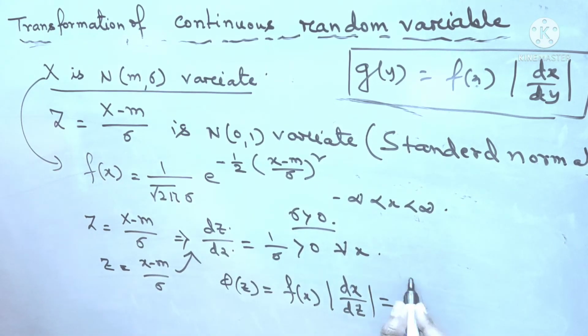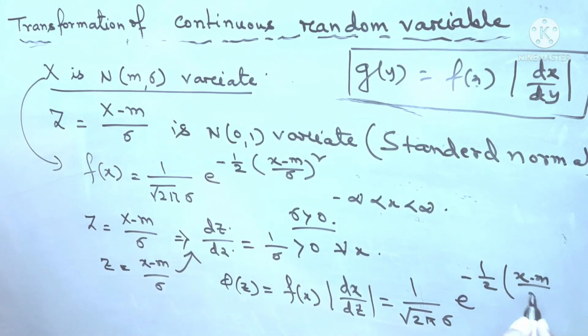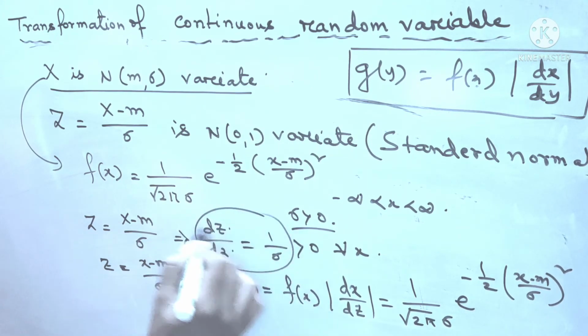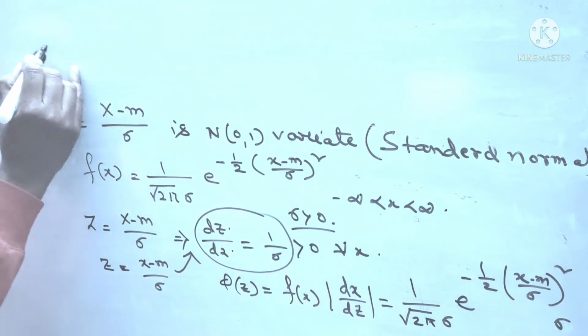And f of x is 1 by root 2 pi sigma e to the power minus half into ((x minus m) by sigma) the whole square, into dx/dz. Dx/dz means sigma.